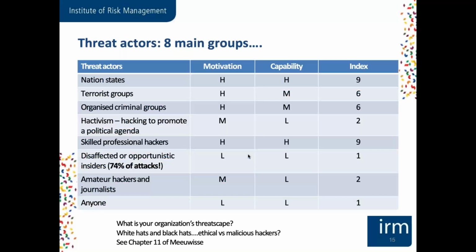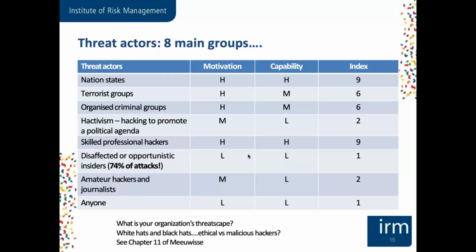So moving on, as I mentioned earlier, we need to know who the main threat actors are, and you can see from this table the interplay really between the motivation and the capability, and those are indexed to combine those 2 factors in terms of how big a risk they pose.